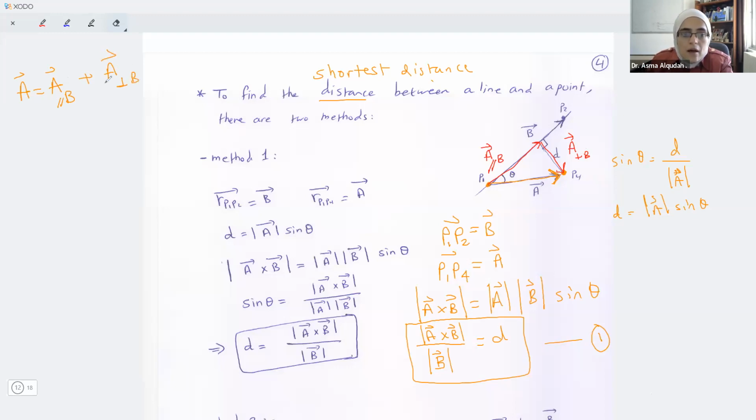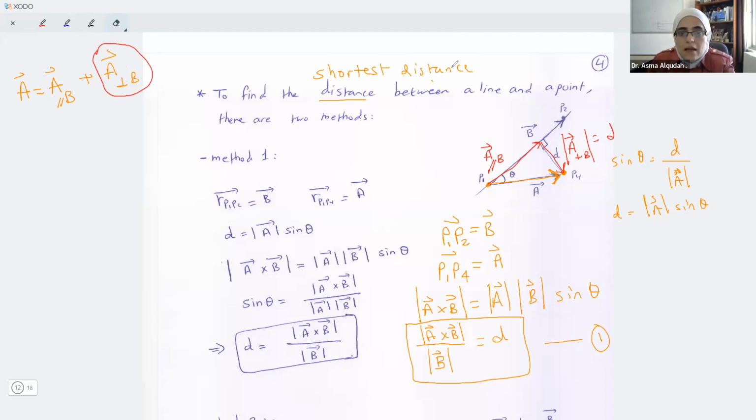So the component that's perpendicular to B is the same as D. Like if we say the magnitude of the perpendicular component is equal to what? Is equal to D. So if we can find the perpendicular vector, then we can find D.